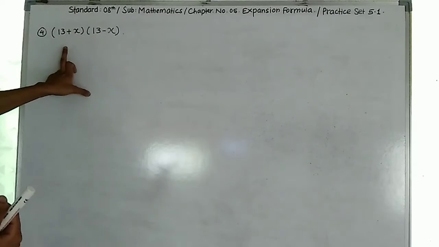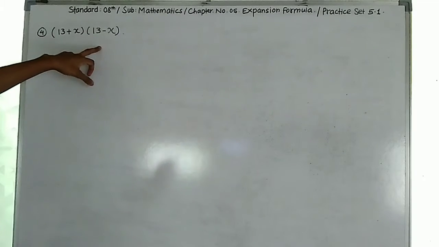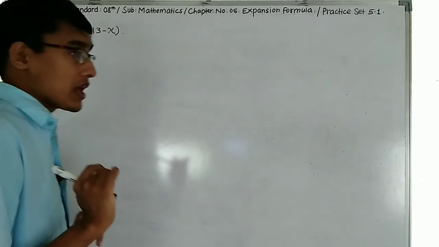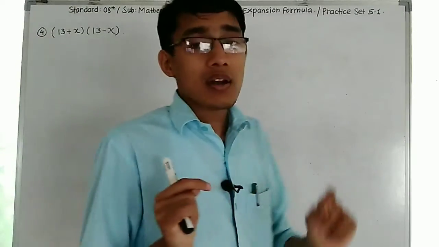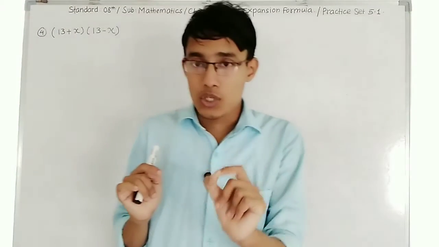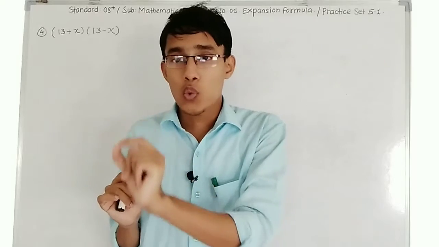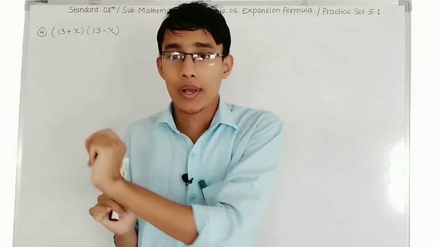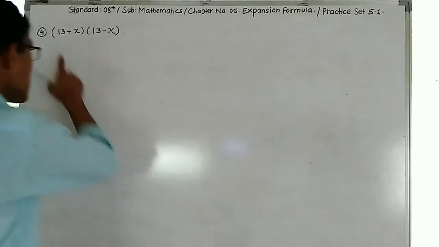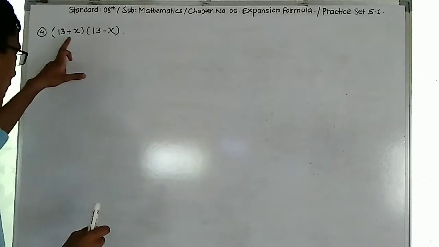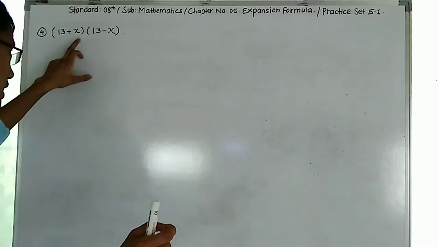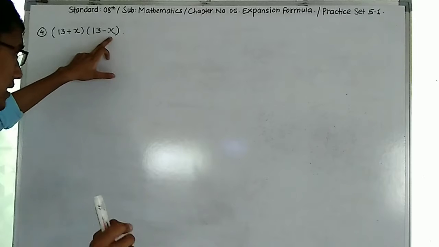Okay, so we can solve this by using another expansion formula. Okay, we have studied that (a + b) into (a - b) is equal to a square minus b square. So here I will take 13 as my a, x is nothing but b, then again 13 is a and x is b.